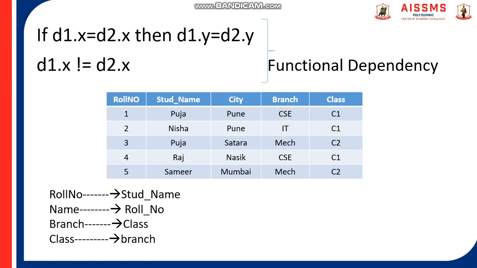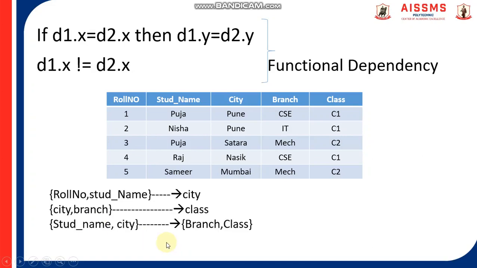So if I call the class name C1, then the branch is different, so this is not a functional dependency, because if I know the value of class, I cannot find the value of branch. So branch does not depend on the class. This is not an example of a functional dependency.